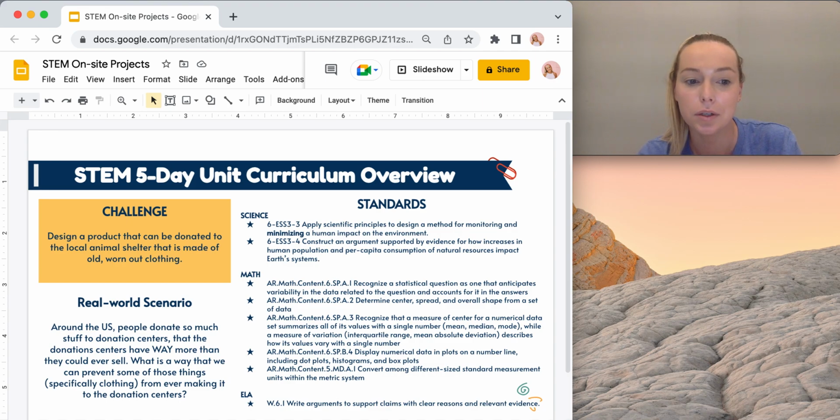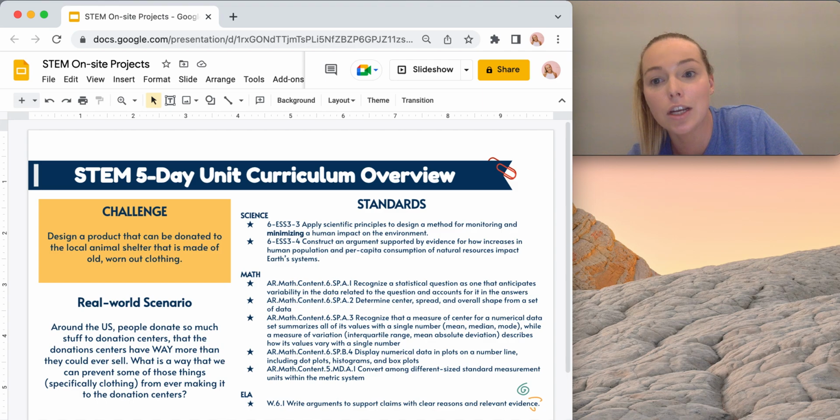And so our real world scenario was that we were really focusing on how textile consumption, or the use of clothing, and how it's donated to places like Goodwill or Potter's House.